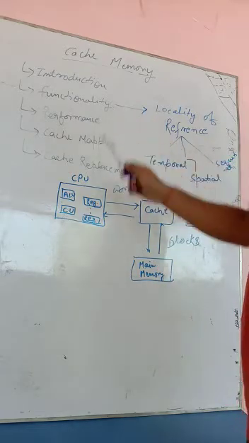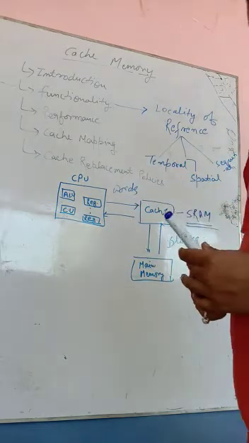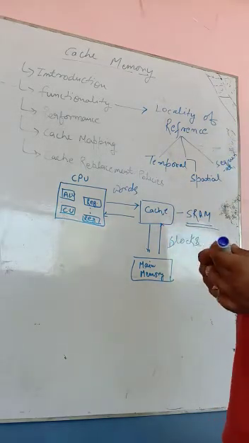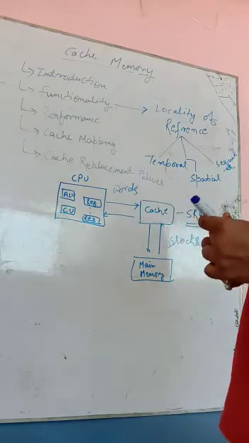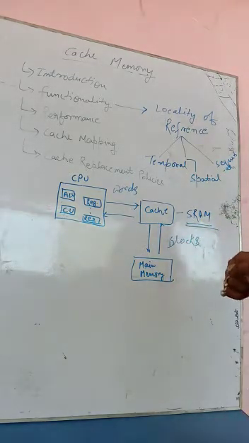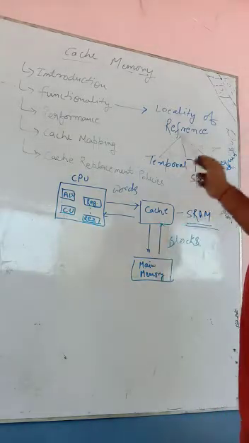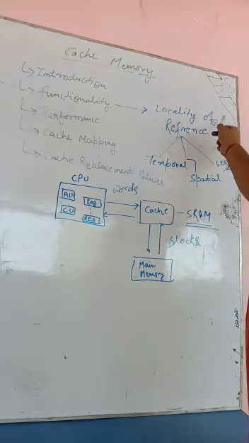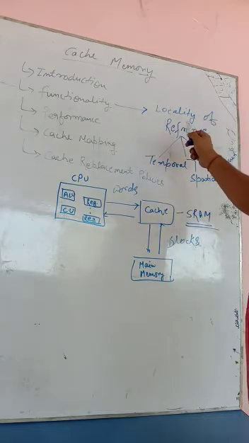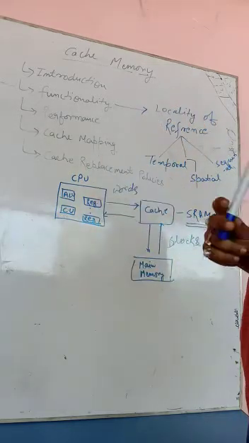Then we talk about the functionality of the cache memory. Cache memory basically works on the principle of locality of reference. Locality of reference means when any information is required by the processor, when any operations are executed by the processor, first of all that information is checked inside the cache memory.